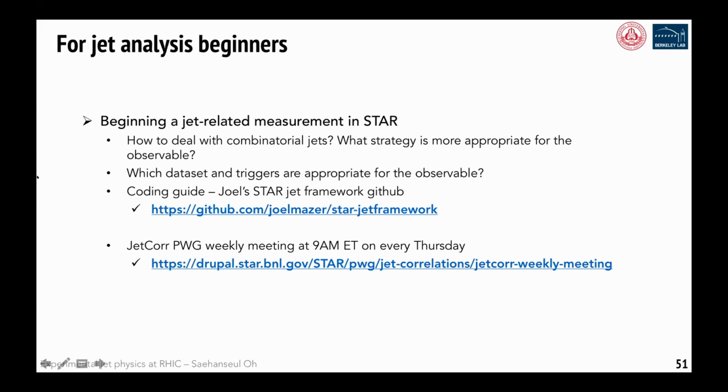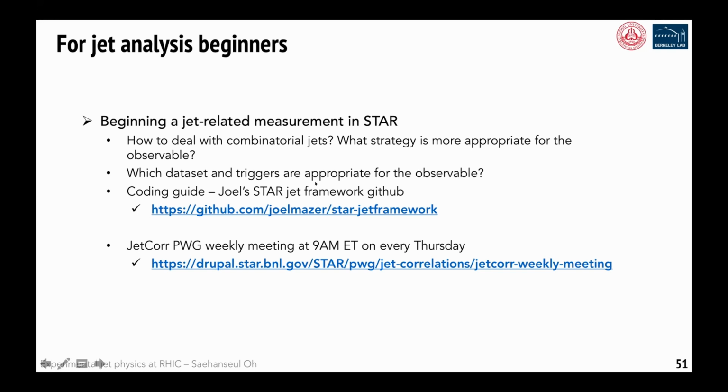So when you first start an analysis, you should think how to deal with combinatorial jets. As I said, there are two established strategies that we use to deal with combinatorial jets. What strategy is more appropriate depends on the observable, so you should think of it in advance and make a plan.